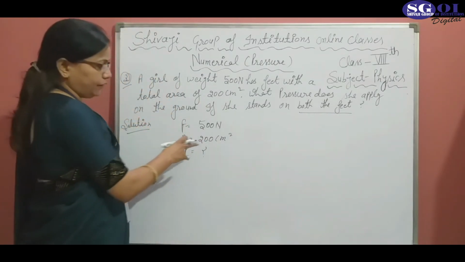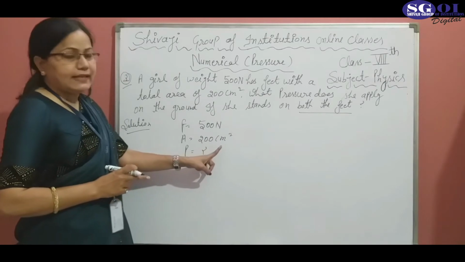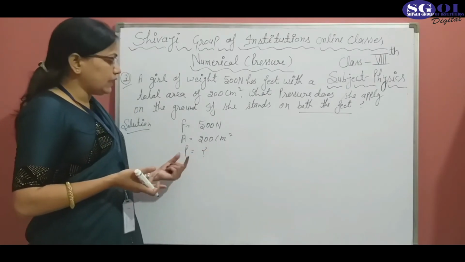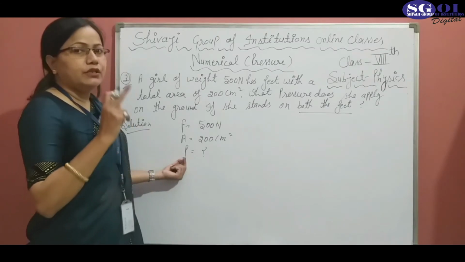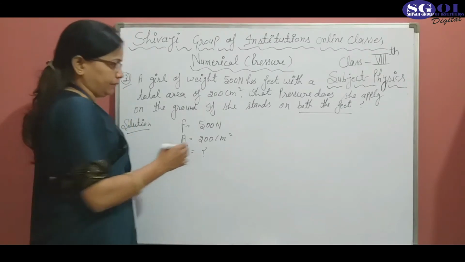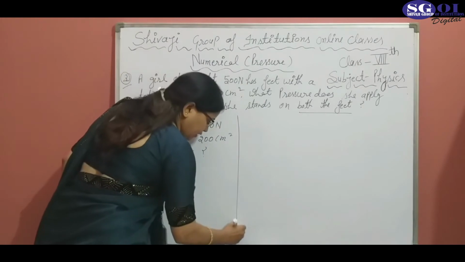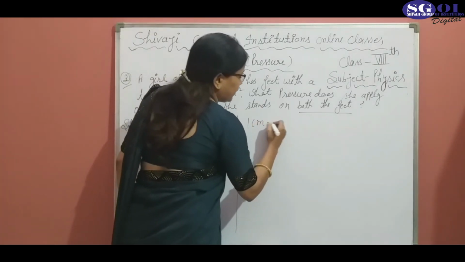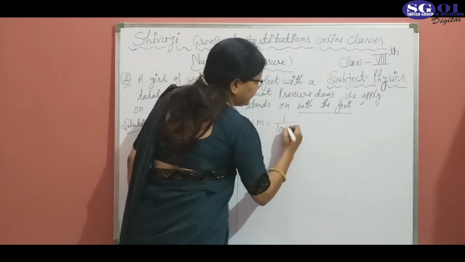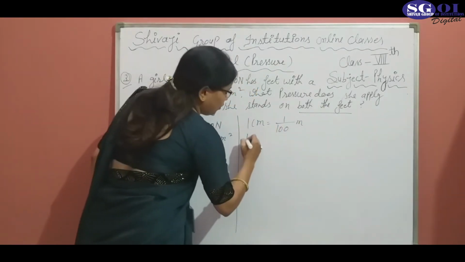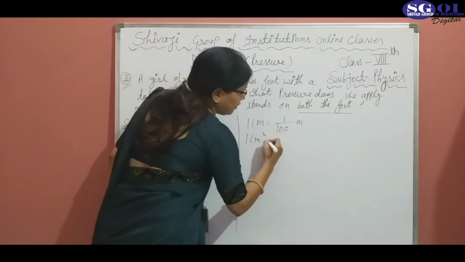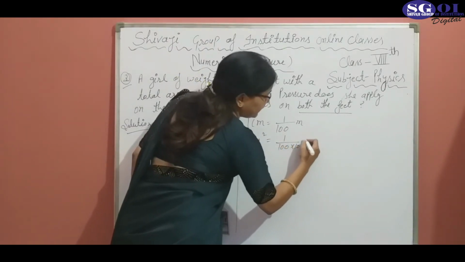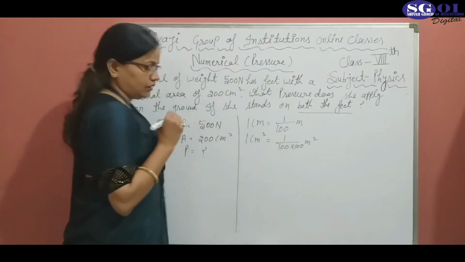Student, firstly we have to convert centimeter square into meter square because the unit of pressure is Newton per meter square. As you know, 1 centimeter equal to 1 upon 100 meter. So 1 centimeter square equal to 1 upon 100 into 1 upon 100 meter square.